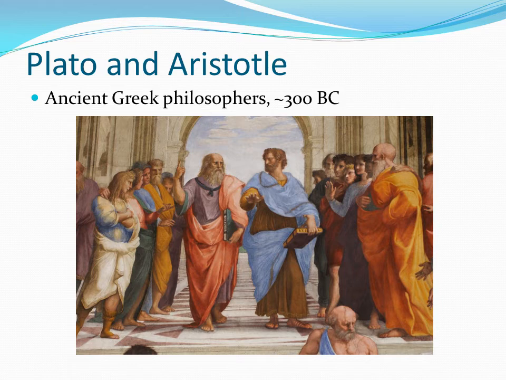And you see the two figures walking down this aisle, and as the title suggests, one is Plato and one is Aristotle. Now, both Plato and Aristotle are key to understanding science as we know it today.